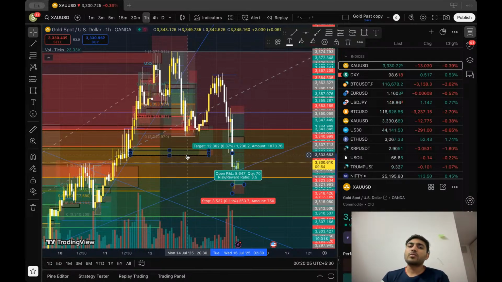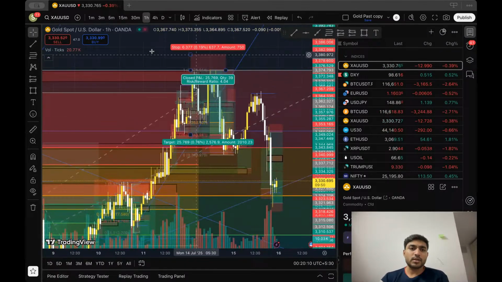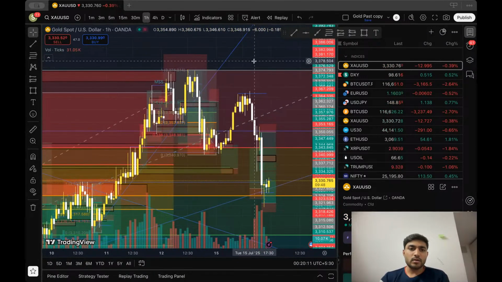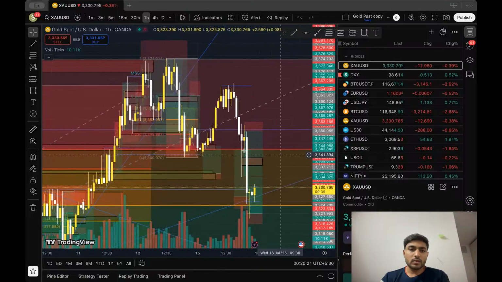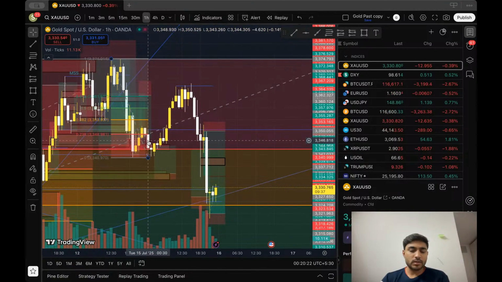So today, 15-minute. Let's do the analysis, which is more interesting than all the others. So today, coming to the opening, in the opening there were a lot of messy things in my chart. What is this?